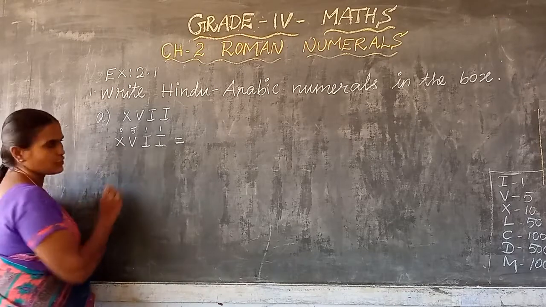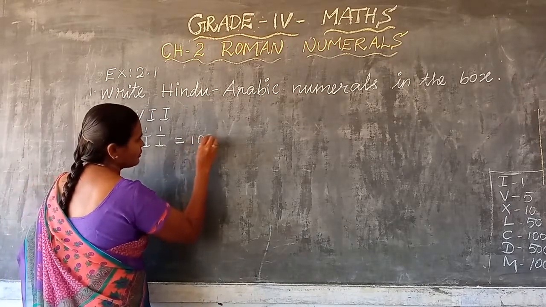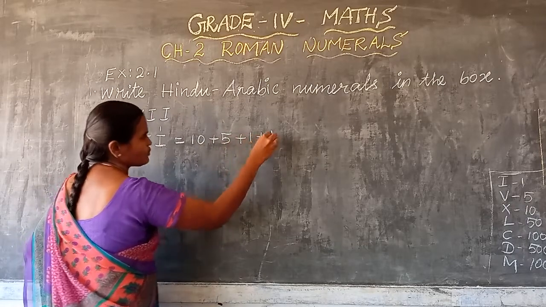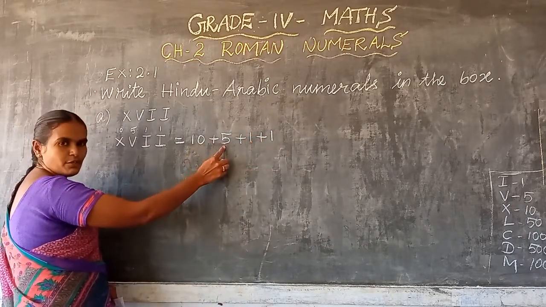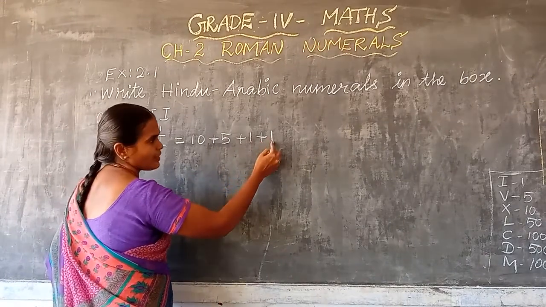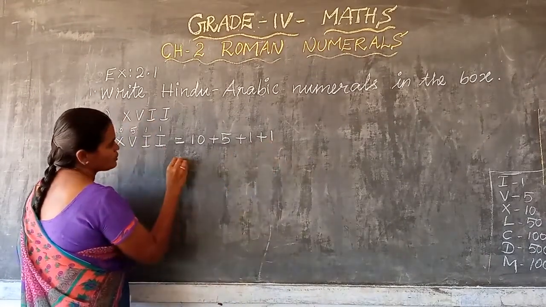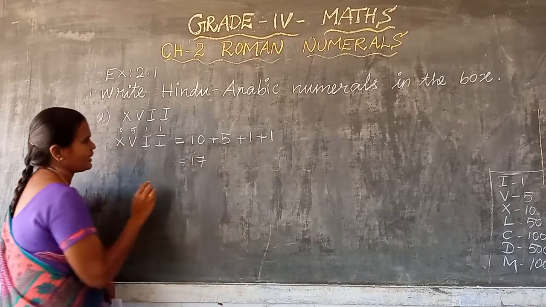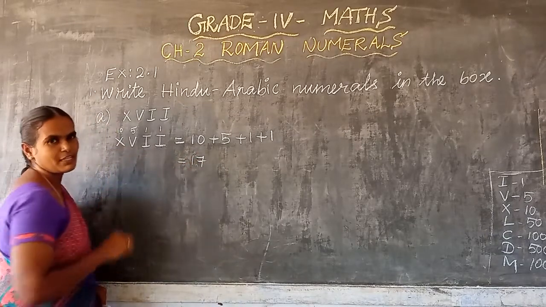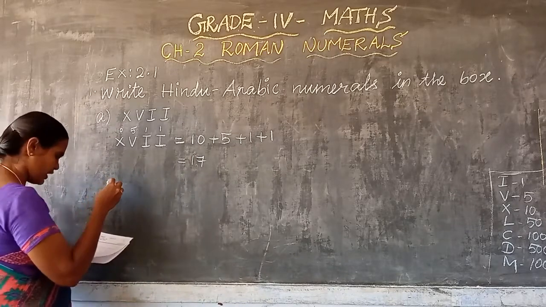Sorry, right side: this one is addition. 10 plus 5 plus 1 plus 1. Add 10 plus 5, 15. 15 plus 1, 16. 16 plus 1, 17. So your answer is 17. XVII value 17. So next, B question.